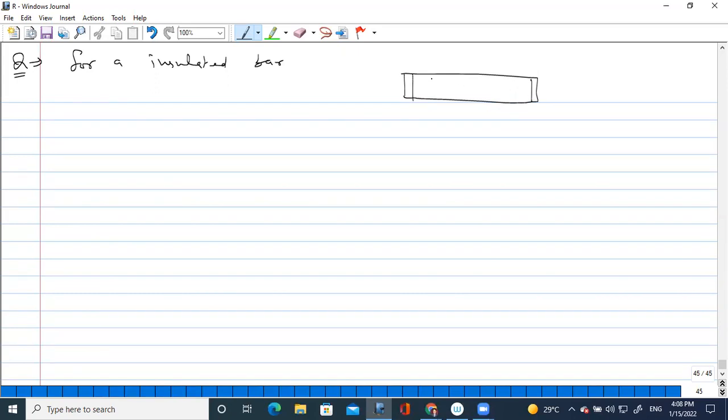These are two ends, x equal to 0 and x equal to L.